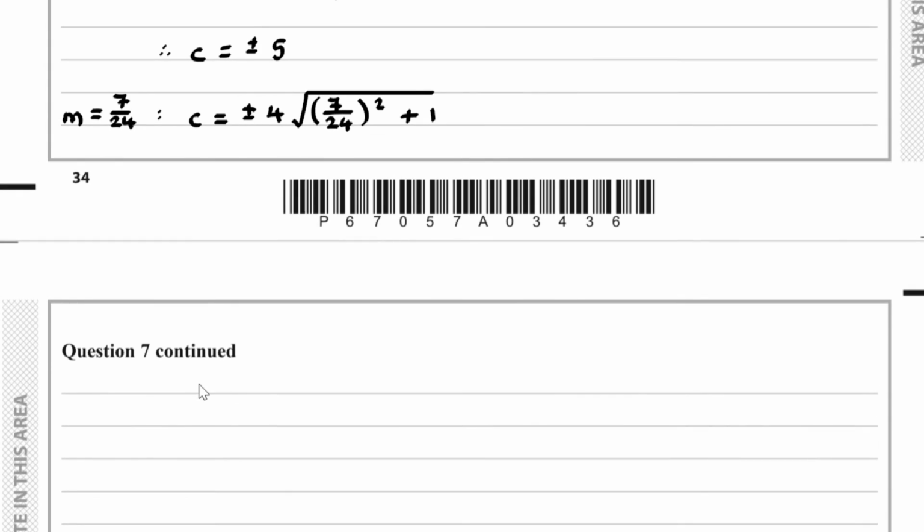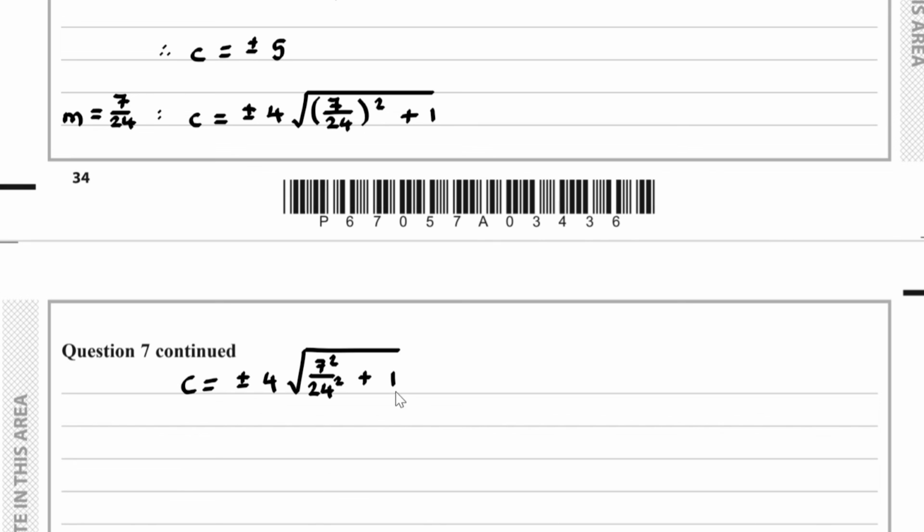So c is equal to plus minus 4 times by, now here we've got 7 squared over 24 squared plus 1 being square rooted.